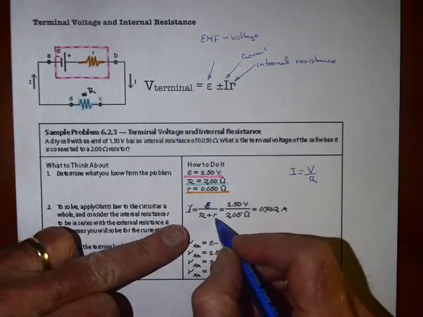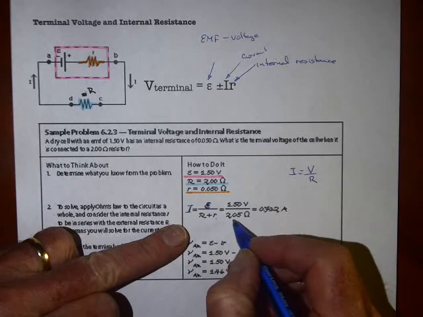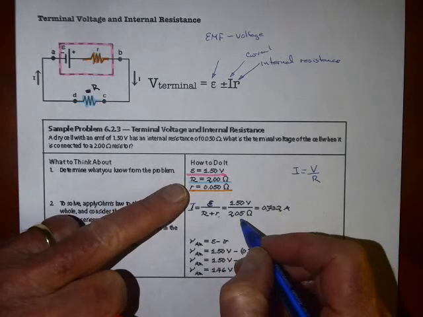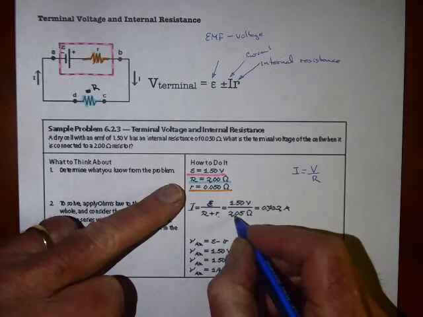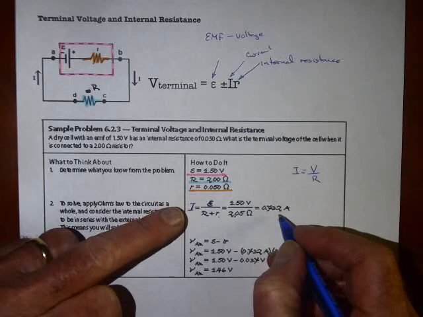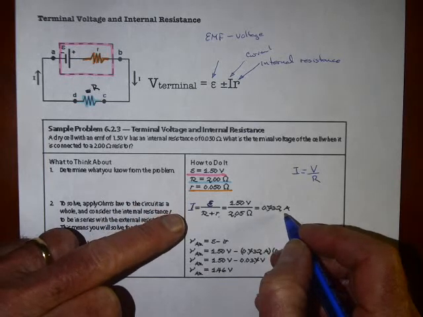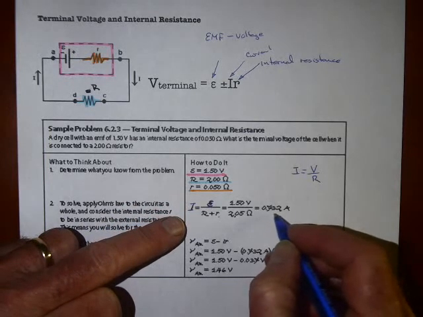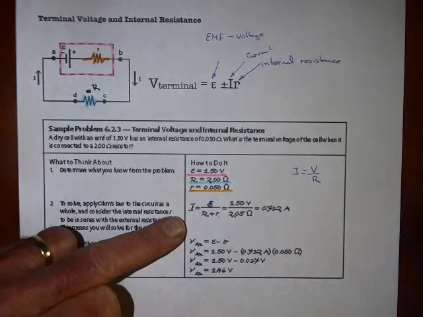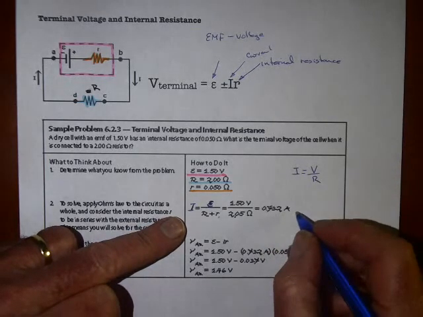So this is resistance 2.00 plus 0.050. This gives us an overall current of 0.732 amps. Okay, so this is current.